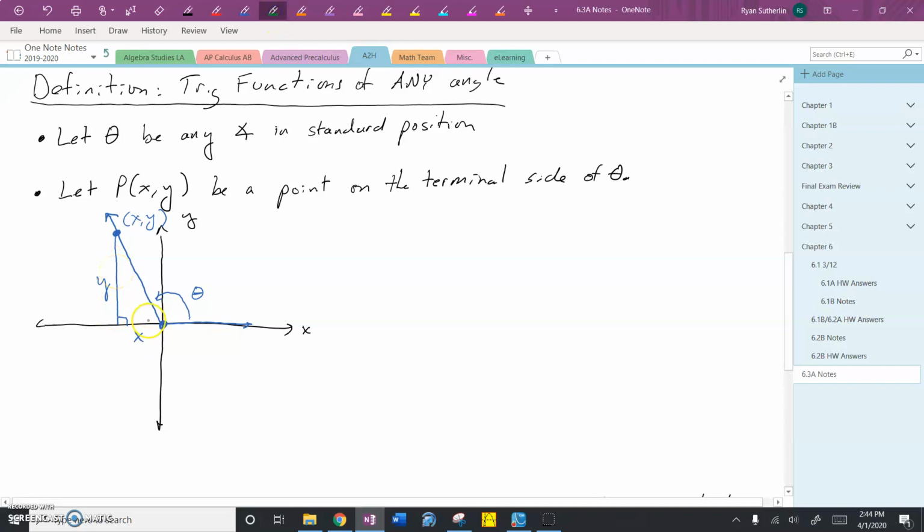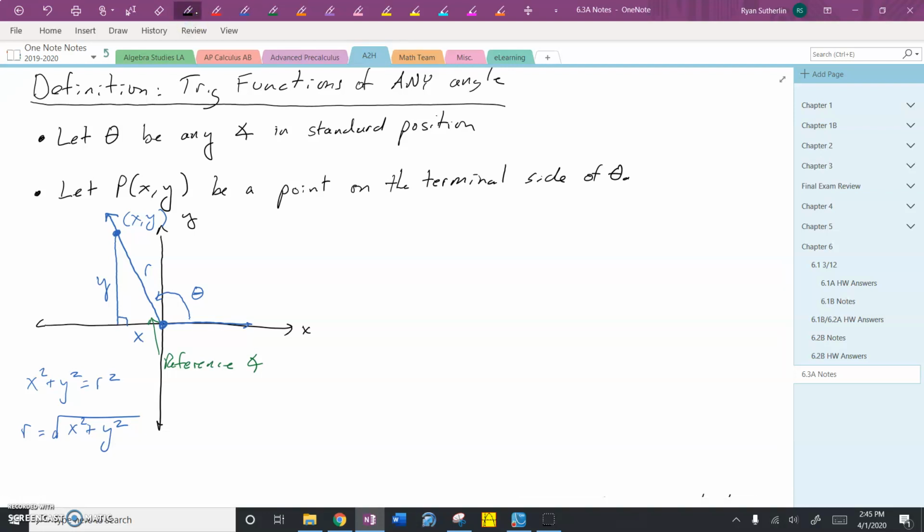When we start doing numbers, we're going to call this angle a reference angle. For the hypotenuse, we're going to call that r, where we know that x squared plus y squared equals r squared. So r is just the positive square root of x squared plus y squared. The r value, no matter what quadrant we're in, is always going to be positive.